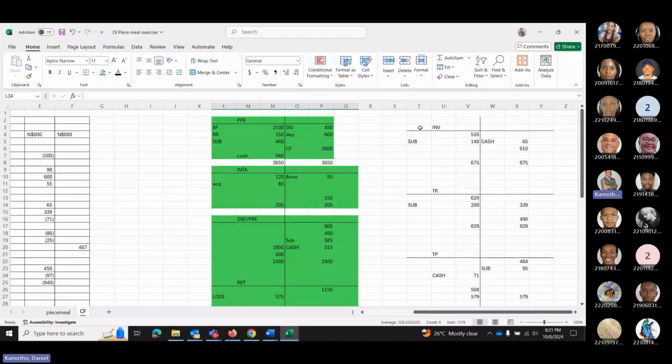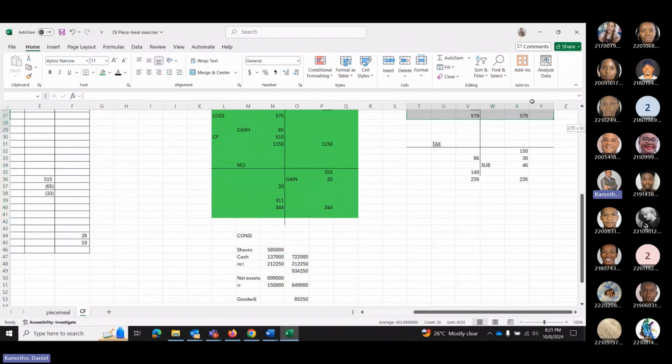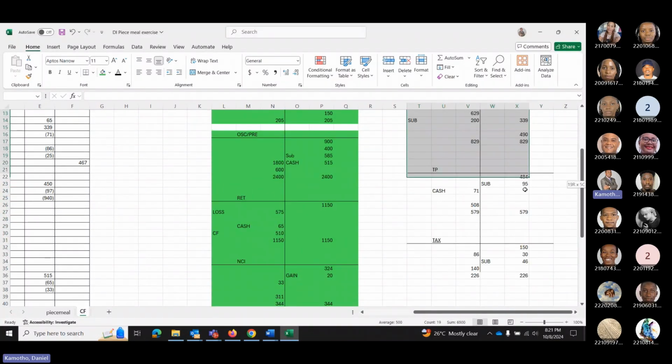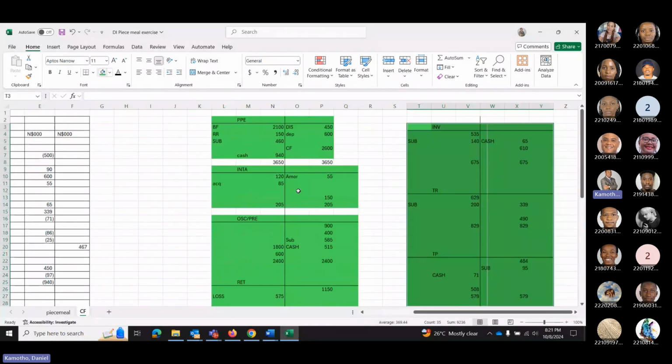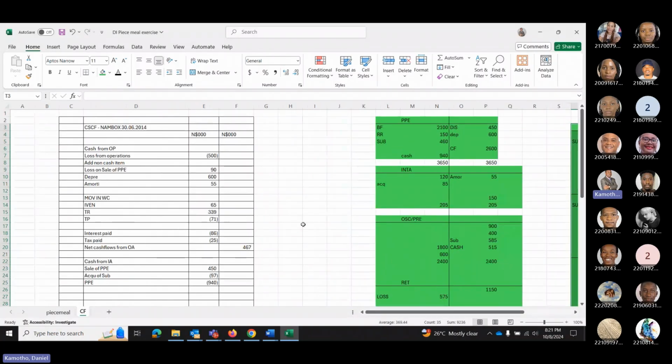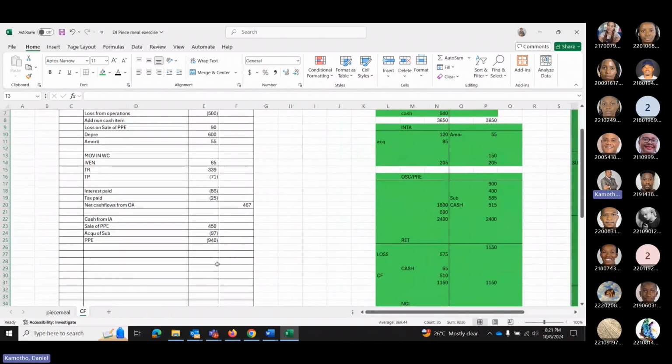We closed the inventory, we closed the trade receivable, the trade payable, we worked out what the tax is, and therefore we have now closed all the workings. Now all we do is balance out this figure. So we can work out what the net is.